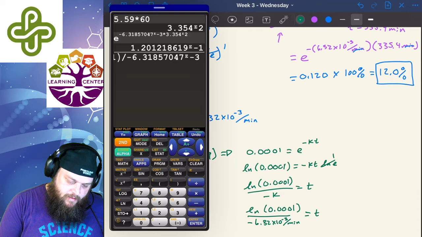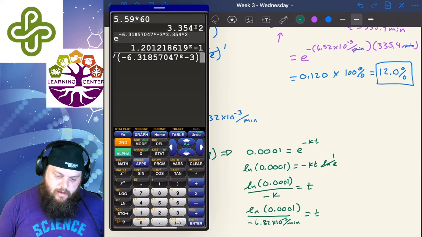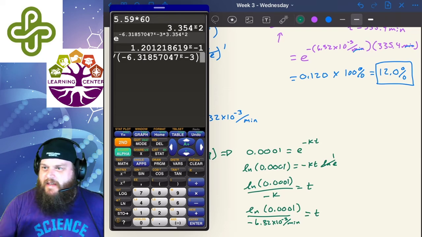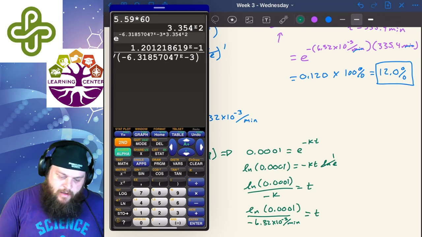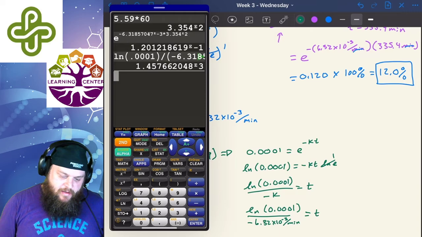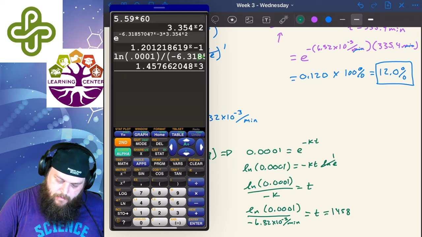I'm going to enter parentheses because I don't trust the calculator to not do the order. Sometimes that e to the negative 3 jumps up to the top and I don't like it. So we're dividing that number. We get, this is going to be equal to 1,458 minutes.